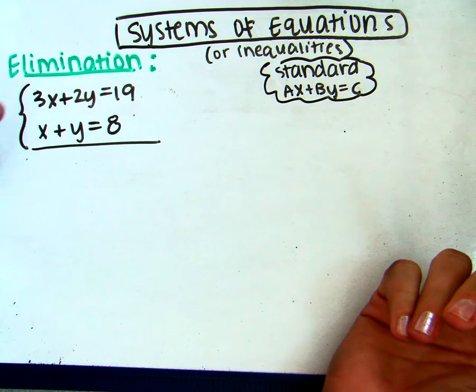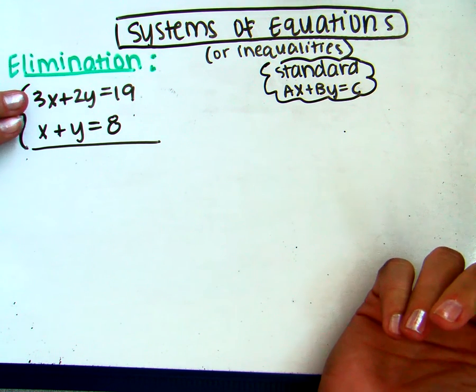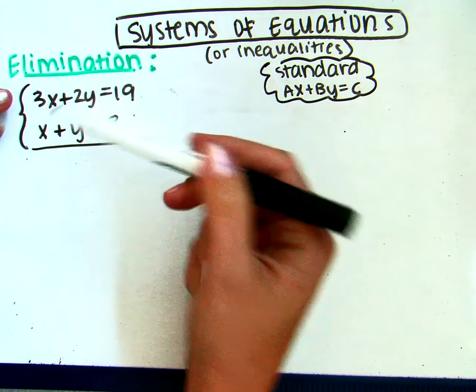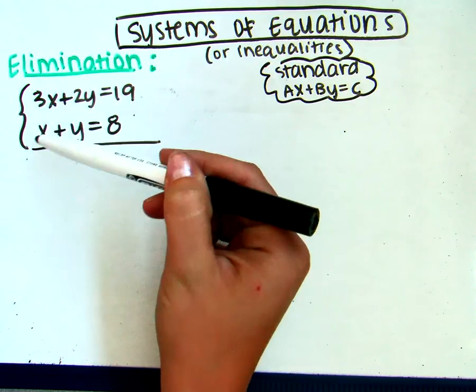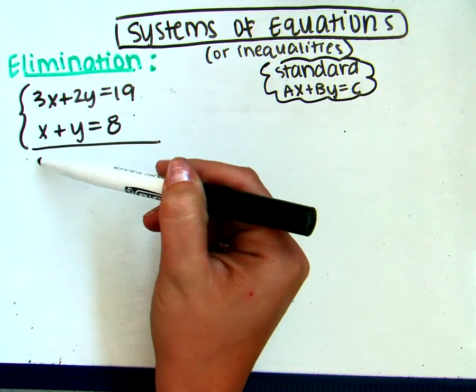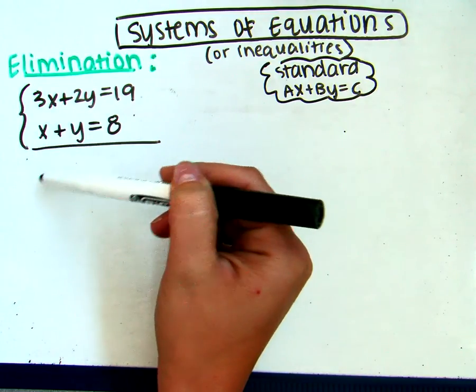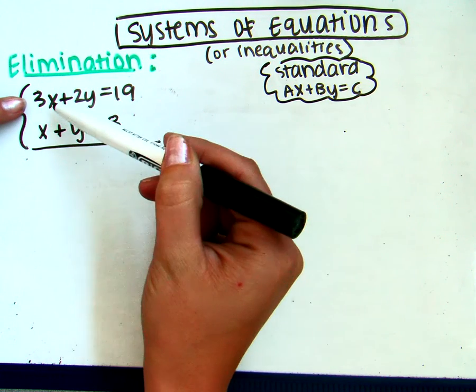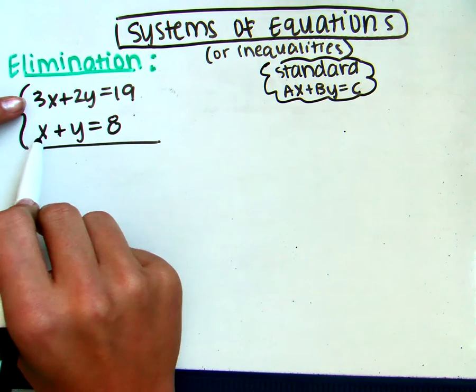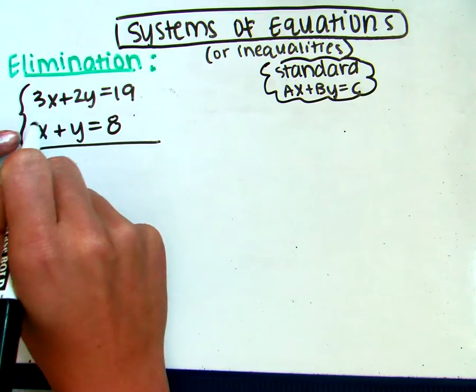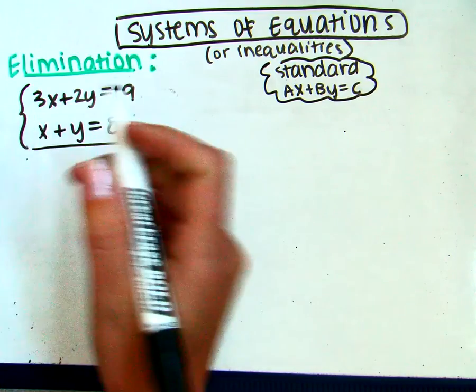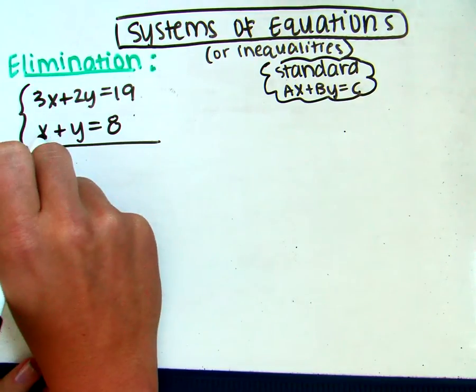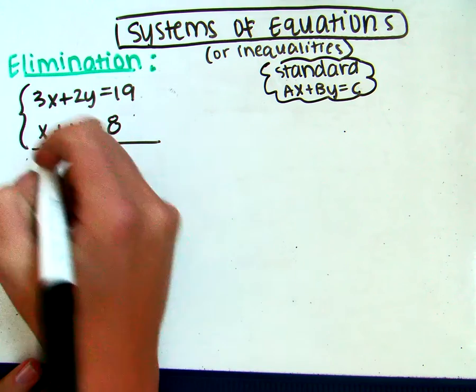In order for my x's to cancel out, right now if we combined this 3x and this 1x, they would make a 4x. Well, that's not getting rid of it. I want it to zero out. If I have a 3x, the only thing that will get rid of a 3x is a negative 3x. So I need to make this guy a negative 3x, and the only way to make this x a negative 3 is to multiply it by negative 3.